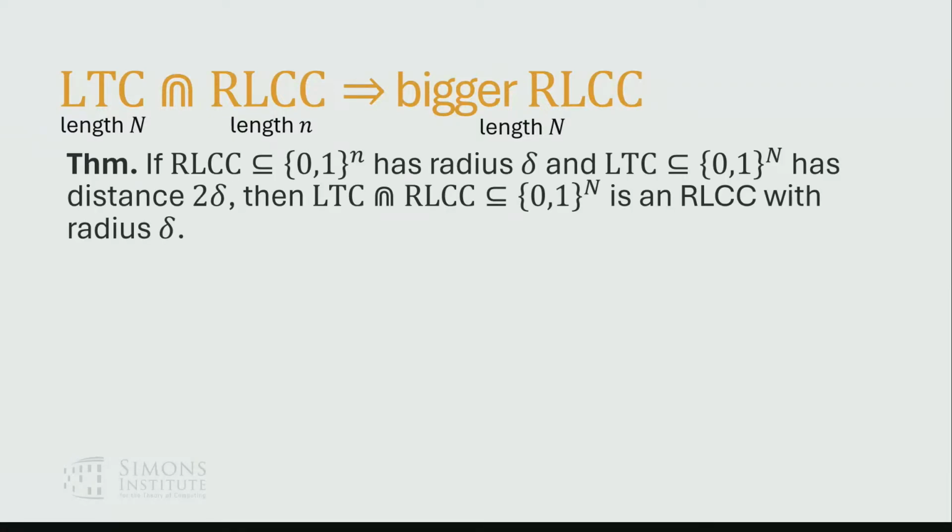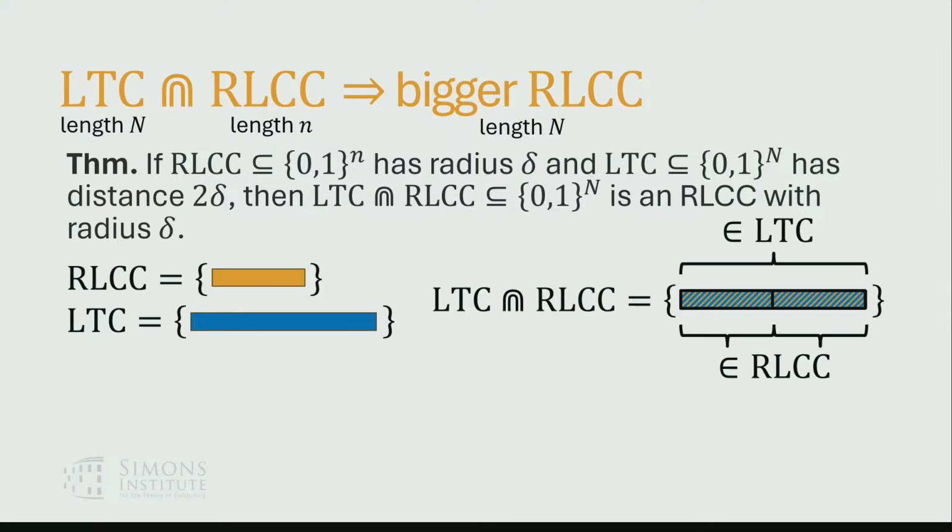The formal statement is that if you have an RLCC and an LTC and they have essentially the same distance, where if an RLCC has correcting radius delta, then it has distance delta, so you can think of the radius and distance of an RLCC as basically interchangeable, then by nesting the RLCC into the LTC, you can get an RLCC with the same block length as the LTC.